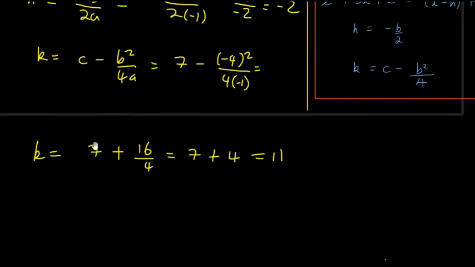So we have our h and k, so our (h, k) is (minus 2, 11).